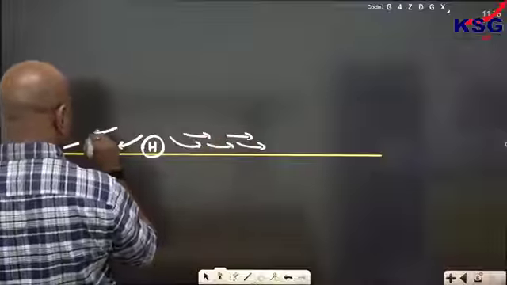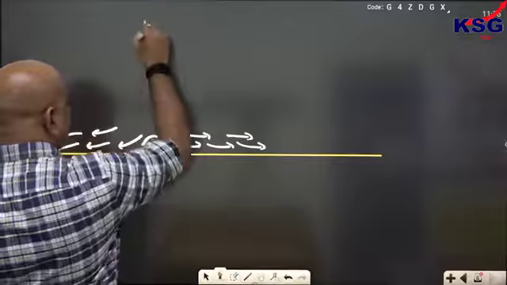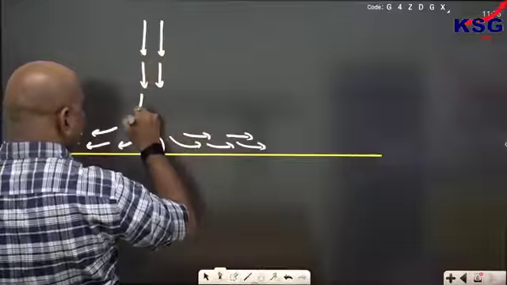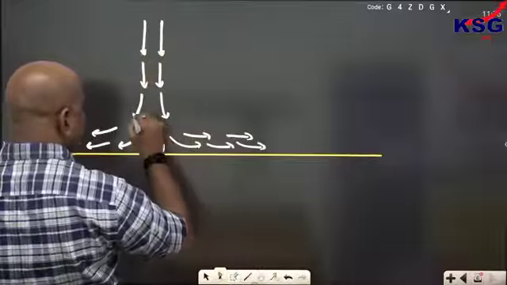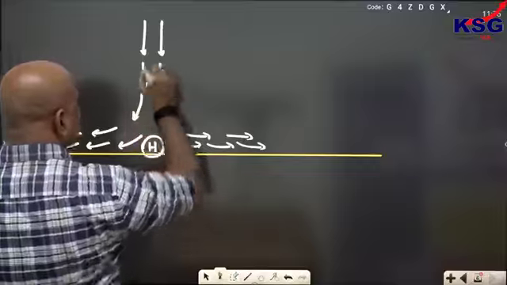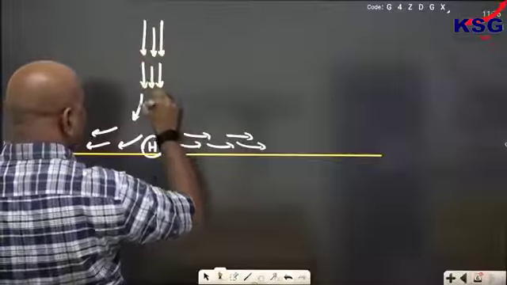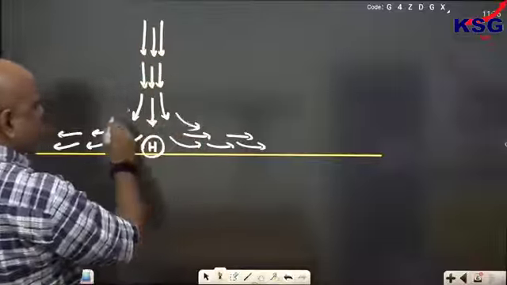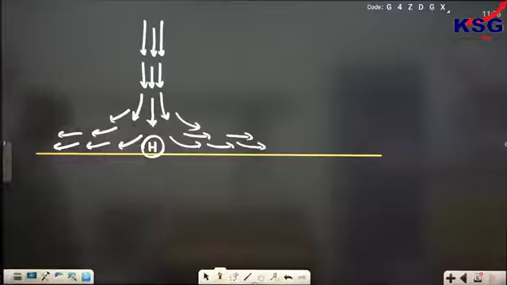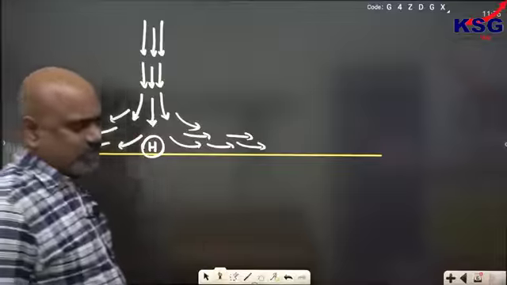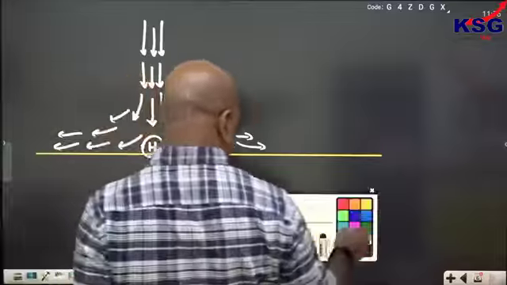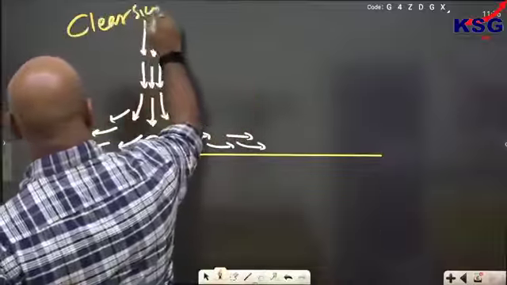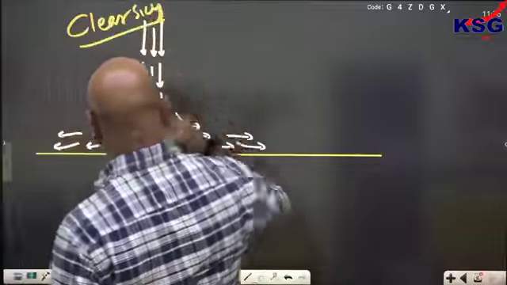If there is divergence of the air, there will be subsequent sinking of air parcel. I hope you got it. So what will happen here? You have the clear sky.